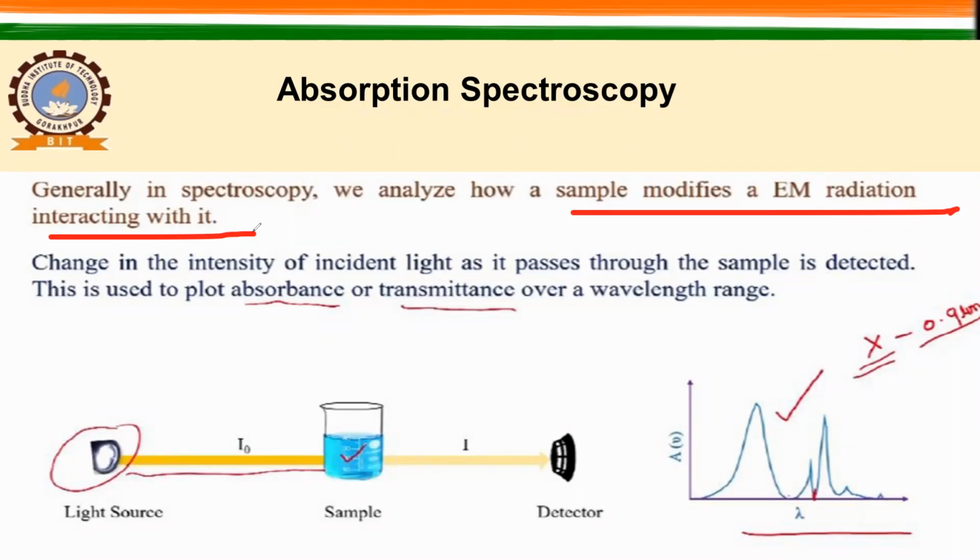So this is used to plot the absorbance or transmittance over a wavelength range, right? So here you have source light and you are illuminating your sample, and then some amount of energy will get absorbed, some amount of energy will get transmitted depending upon your sample. So those information can be captured, and then subsequently you can plot absorbance spectra or transmittance spectra over a wavelength.